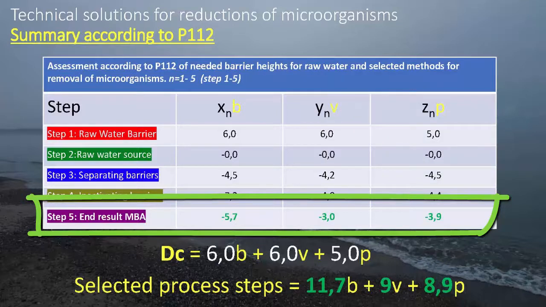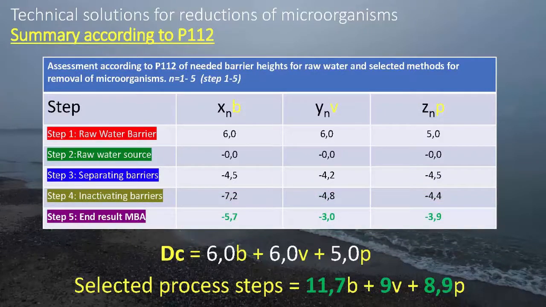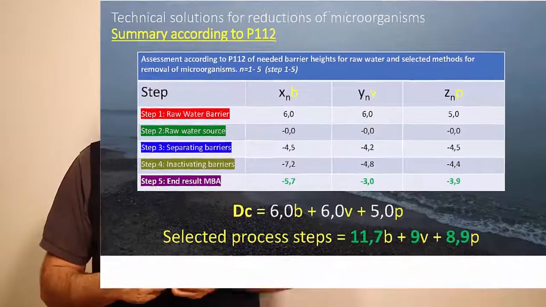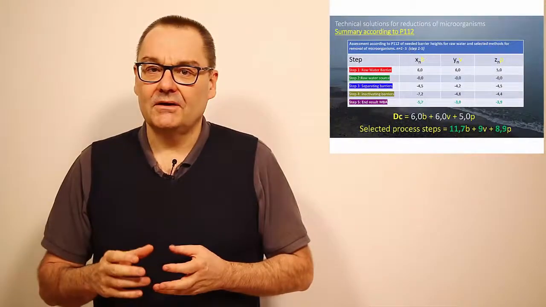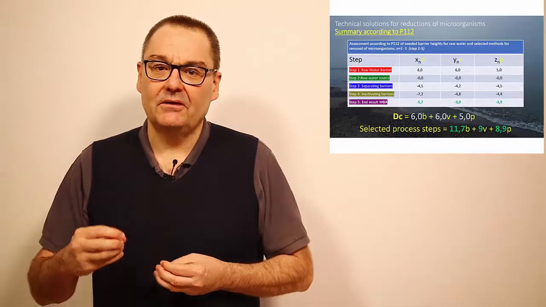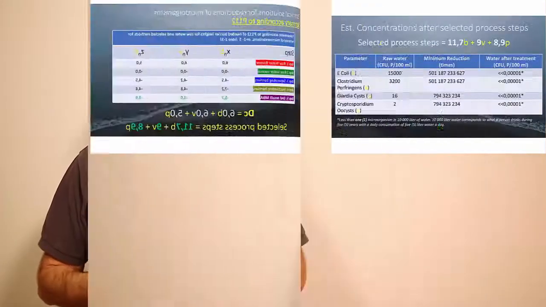With that, let's go and look at the reduction using the process steps that we have selected. So let's go and see what our treatment steps will result in for reduction of the microorganisms.